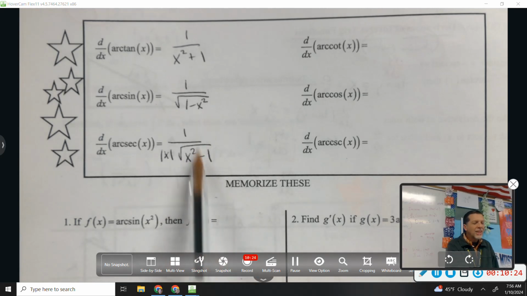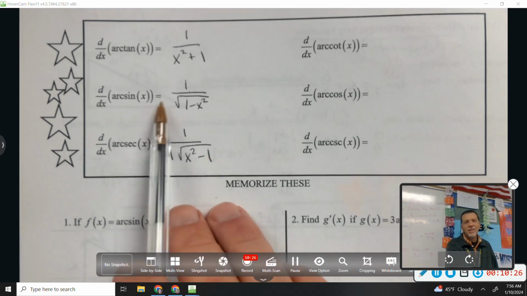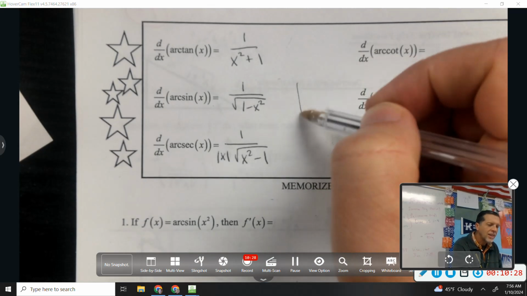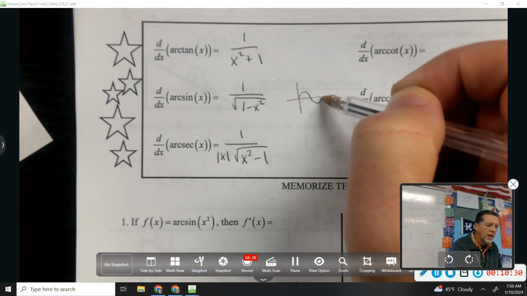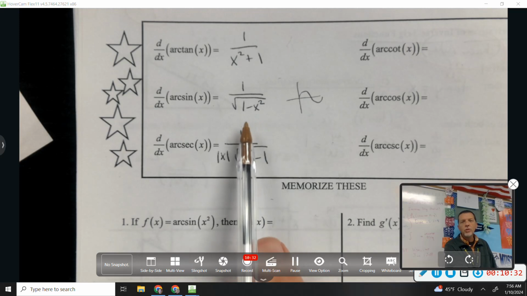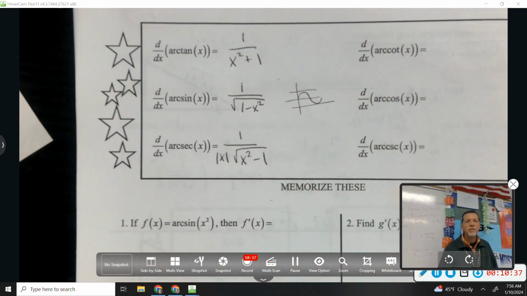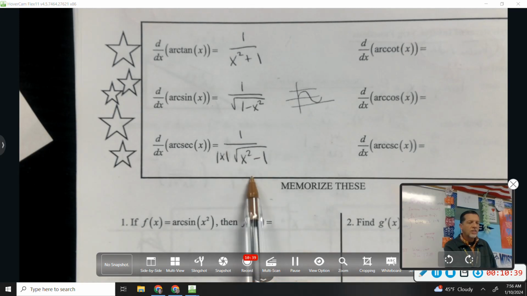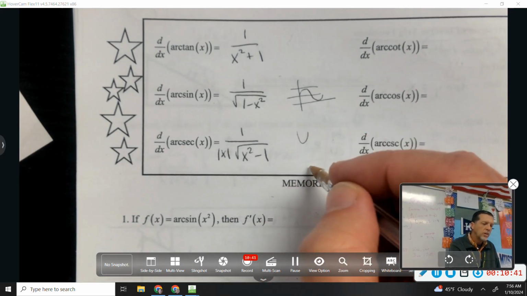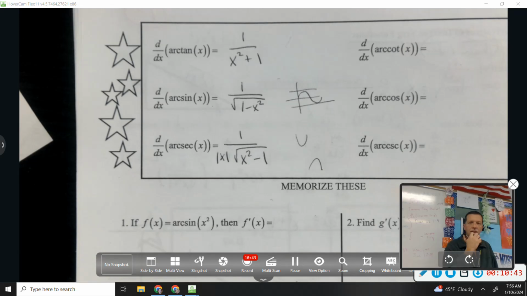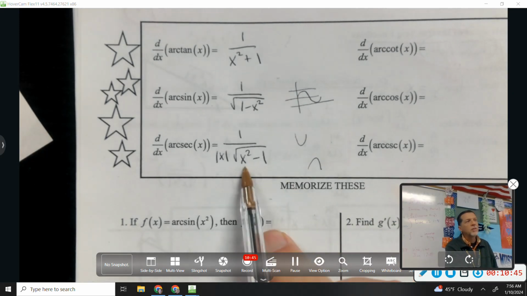How I remember that, I don't know if this will help you or not, but the graph of sine is always between -1 and 1. So you can do 1 minus something small and take the square root of it. Arcsecant, remember those are the big U's off the top and the bottom? And so arcsecant is always bigger than 1.